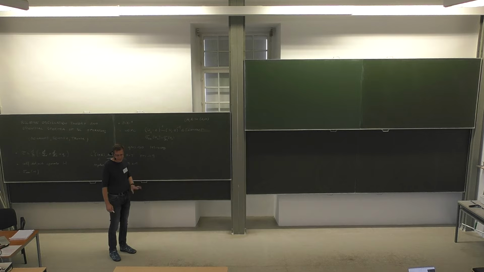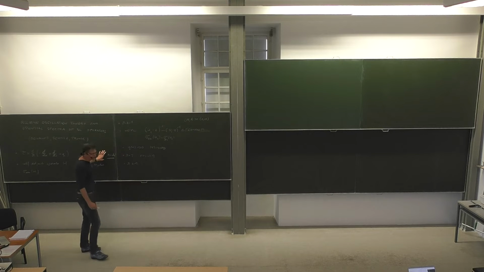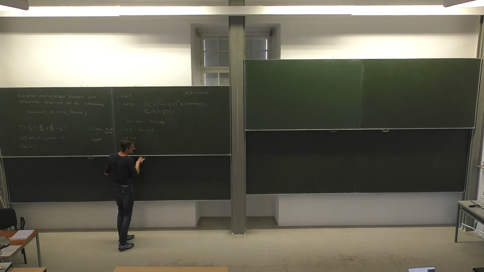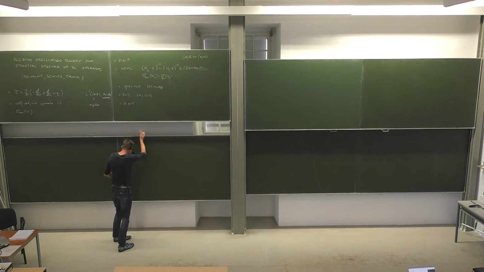And the big advantage is that in some sense you relate the essential spectrum to oscillation of solutions, and you never need to touch any Hilbert space issues. So this works in any case, no matter whether you have all three coefficients or whether you just have Schrödinger type operators. Okay, so that's kind of the idea of my talk.